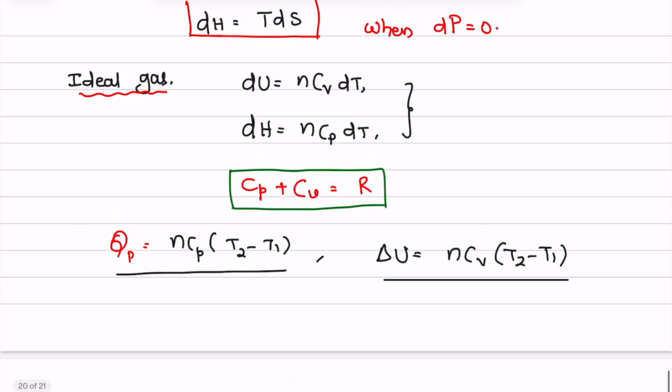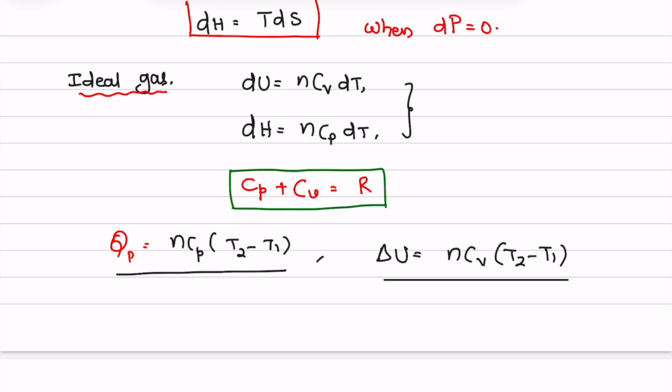Work done on the system is equal to minus nR into T2 minus T1, because that is equal to minus P into delta V. Entropy change. Delta S is equal to integral T1 to T2 Cp by T dT, because dH is nCp dT.